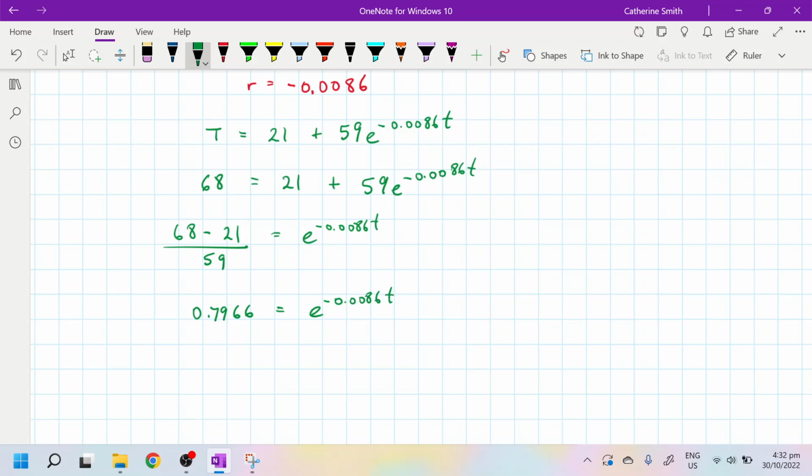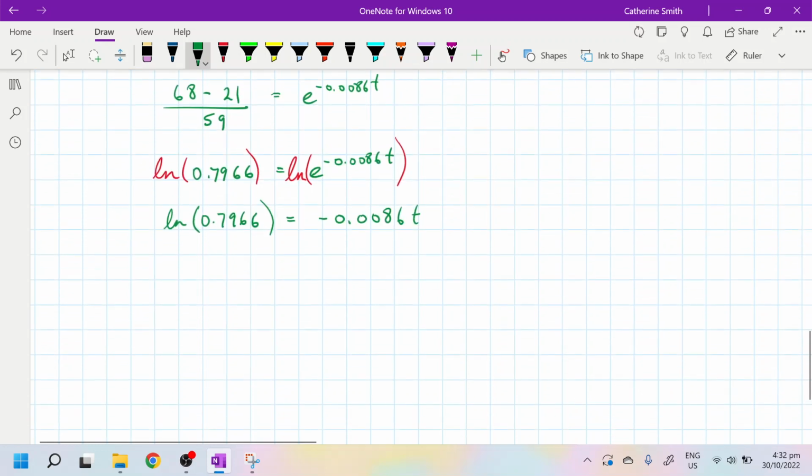And of course we need to log both sides. So the log of this will equal the log of that. Logging of e will just give you the number in the power. And of course the last move is to divide by this number here.